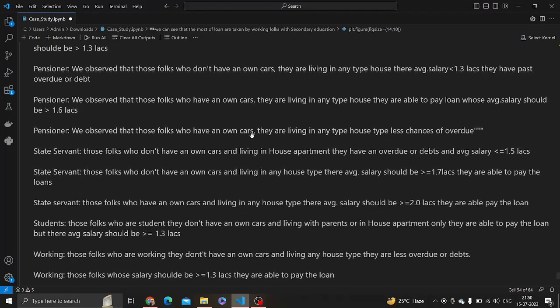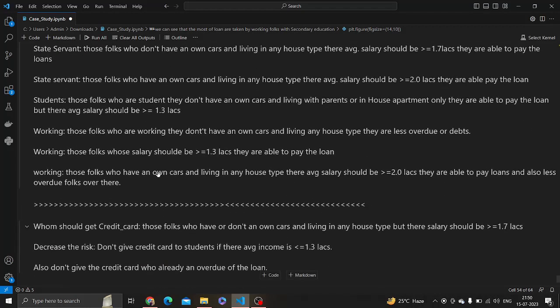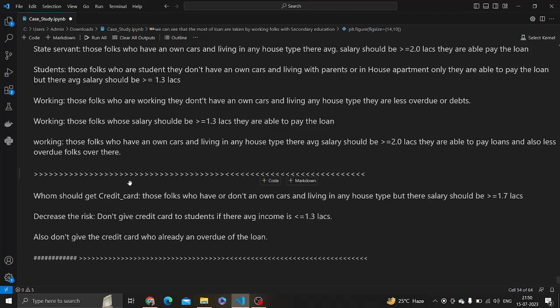So I have done the analysis, and regarding the business problem statement, we have found which people can get the credit card. So that is the answer: whom should get the credit card. Those folks who own or don't own cars and live in any house type, but whose salary is greater than or equal to 1.6 or 1.7 lakhs.